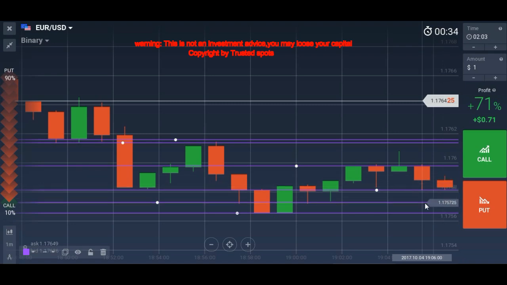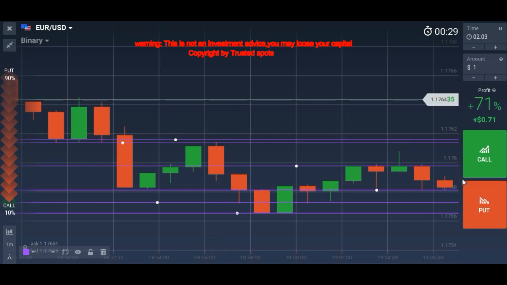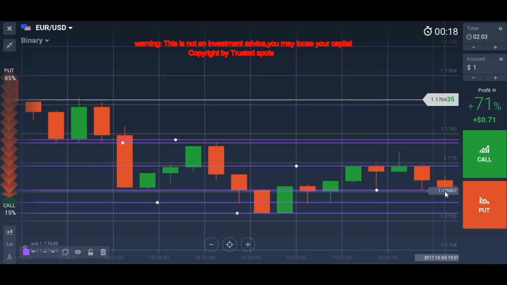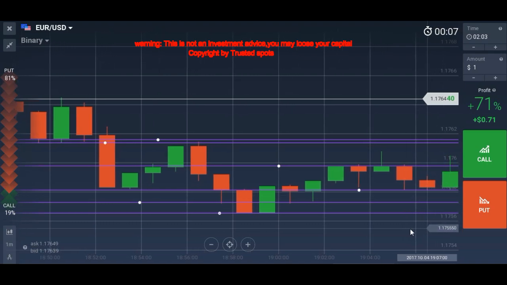I am like 99% sure in this condition because this candle was not able to break even this level, and I have one candlestick pattern as well according to this, which works like 99%. I will be making a video on that particular pattern this week or next week. So for me the market will go up, and you can see it goes up.